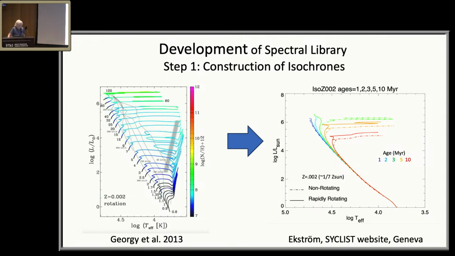The University of Geneva has taken the lead in computing isochrones of massive stars by interpolating in the evolutionary diagram that you see at left to measure the properties of stars at different masses at a given age. You can obtain from their Cyclist website a chart of all the properties of an isochrone at the age you supply, and they do it within 1 minute. It's really amazing and helpful.